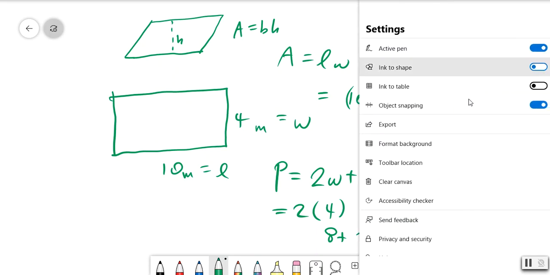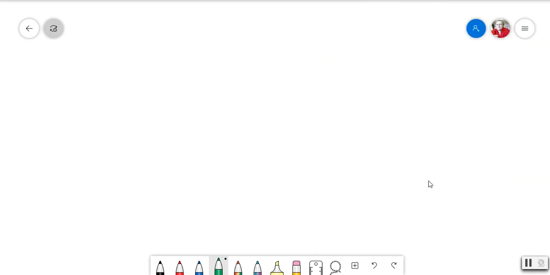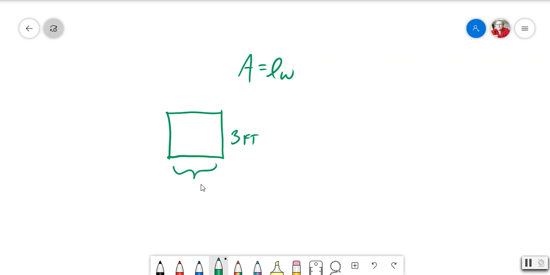All right. Now, a square is just a rectangle or a rhombus or a parallelogram, what have you. Suppose it were 3 feet long or wide, whatever. Well, area equals length times width. The length is the same thing as the width in this case.